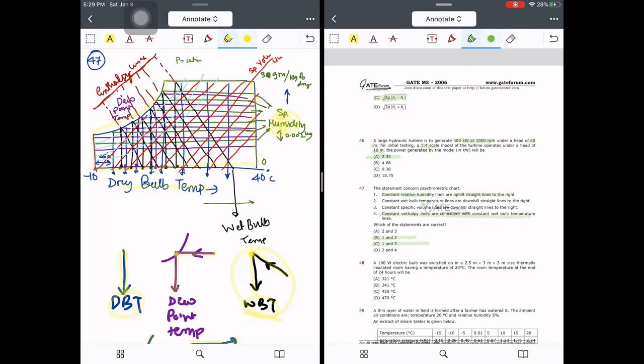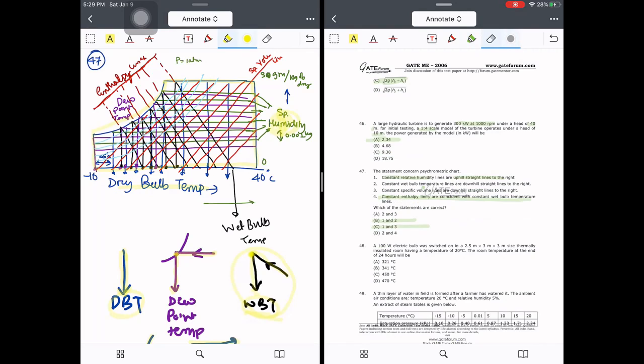Just wait. Constant enthalpy line coincides with the wet bulb temperature line. Wet bulb temperature is the black color. Yes, statement 4 is correct.